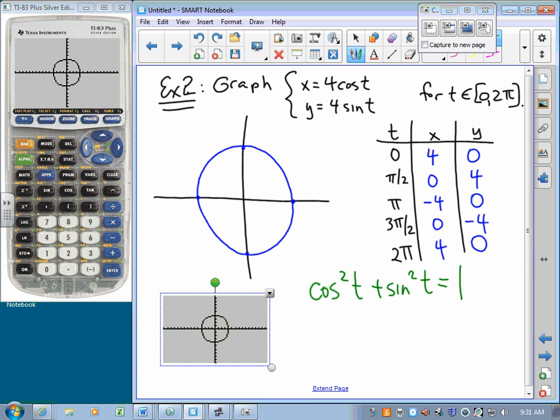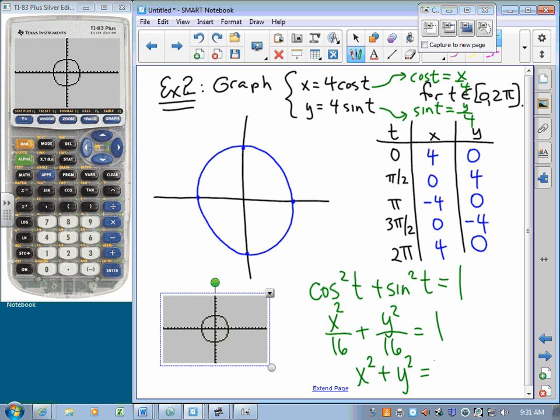From the top equation, I know that cosine t is x over 4, and sine t is y over 4. So I know that x squared over 16 plus y squared over 16 is 1, or if you like, x squared plus y squared is 16. That's a circle centered at the origin, radius 4.